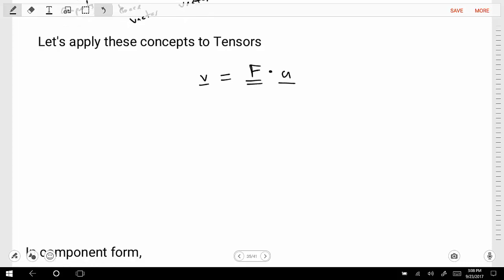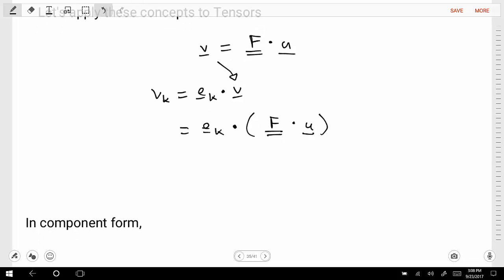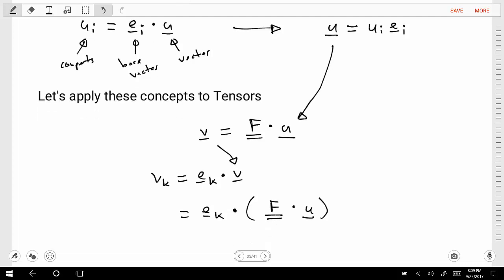Now let's consider v in terms of its components, where the components vk are equal to the base vector k dot v, and we can take this relationship between v and u and plug it in, so that the base vector k dot the tensor F dot the vector u is as follows.